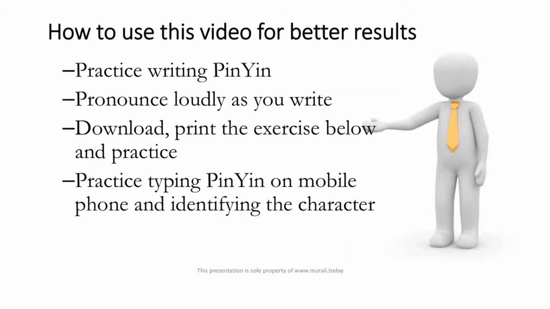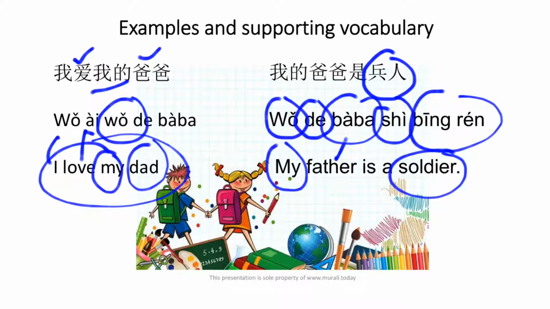So let's go to the next step. How to use this video is a very quick slide for your reference. Just practice using pinyin. As I explained before, you have to write down wo, so that you know the tone, you feel the tone, and you understand. For example, Baba is ba, ba.